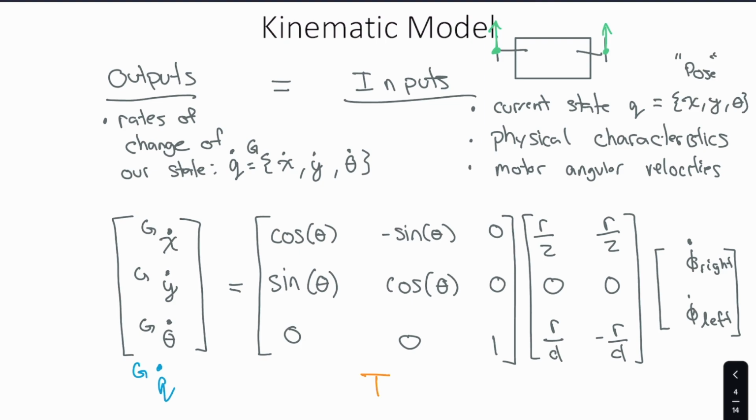We'll call this T for the transformation matrix, and that's going to take us to G from R. I'll call our physical characteristics matrix P, and then traditionally we'll call the control values U, and that's going to be a vector, so I'll do it in lowercase cursive. So we have T, P, and U.